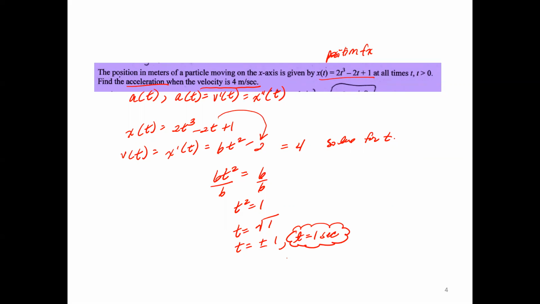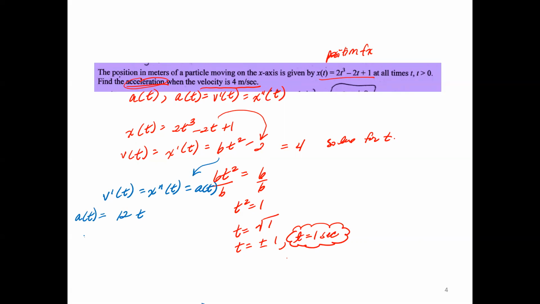And so then what I'm going to do with this is it says find the acceleration. So I would have to get the acceleration when the velocity is 4 meters per second. Well, I know the time is 1, but I don't have the acceleration. So what is your acceleration going to be? Well, if velocity equals 6t squared minus 2, then I know that my velocity prime or x double prime is going to give me my acceleration, which in this case is going to be the derivative of 6t squared, and that is going to give me a 12t.